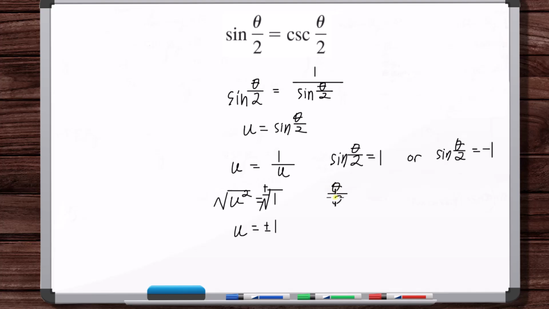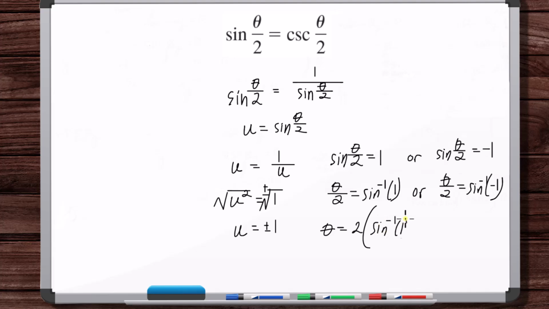So theta divided by 2 is equal to inverse sine of 1, or theta divided by 2 is equal to inverse sine of minus 1. So, okay, inverse sine of 1 and minus 1. I mean, I can write this out. So theta is going to be 2 times inverse sine of 1 or inverse sine of minus 1. So what is inverse sine of 1 and minus 1?